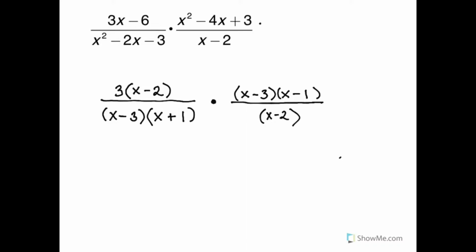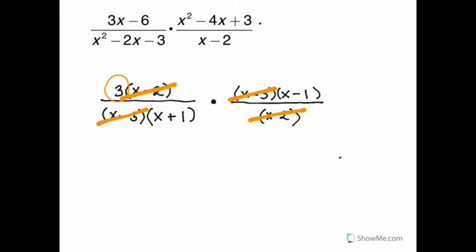Anything that's on the top can cancel with an identical thing on the bottom. So here's x minus 2 and x minus 2. They can cancel. And I have an x minus 3 on the top to cancel with the x minus 3 on the bottom. But x minus 1 and x plus 1 are two different binomials, and 3 doesn't have anything to go with it.